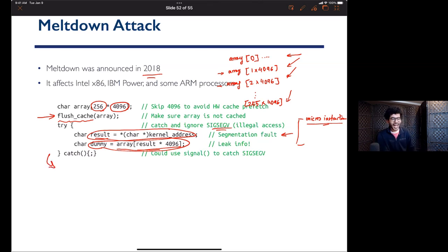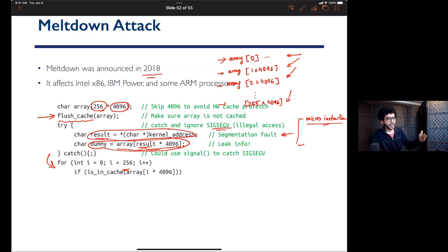Now, what has happened is you have changed your microarchitecture, you have changed your cache. This particular block in your cache has changed. How can I use this information? I can now go through all the characters possible, go through all these blocks from 0 to 255 and read them.